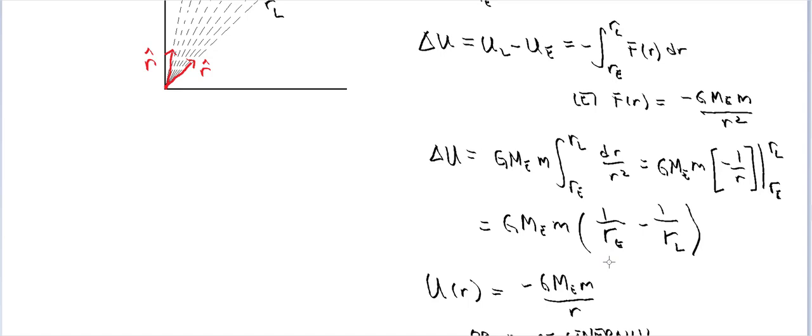We could do the same fancy trick we used earlier in the semester and set the 0 point of potential energy wherever we want. And we could just say that the function describing the gravitational potential energy as a function of radius is just minus the universal gravitational constant G times the mass of the Earth times the mass of the particle divided by r.